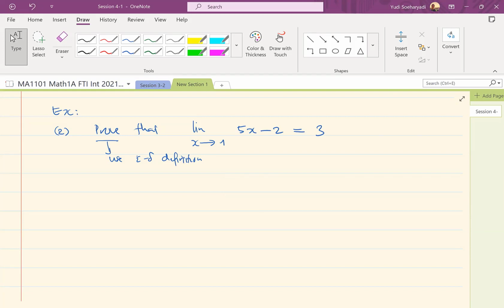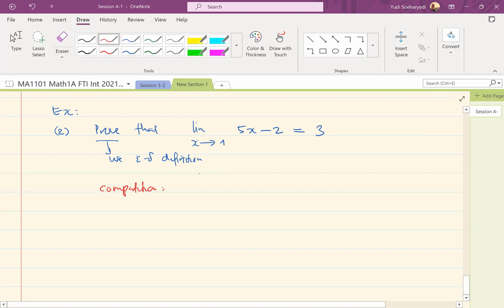All right. Okay, let's do some computation first. Some, let's see, what do you call this? Some scratch work, on a scratch paper. Let's see. This is our f of x. Oh, sorry.